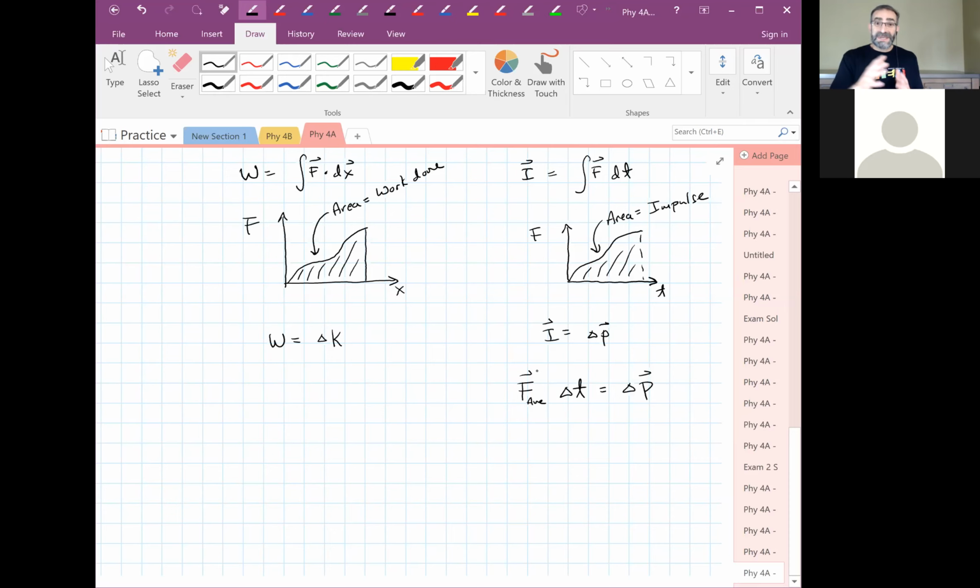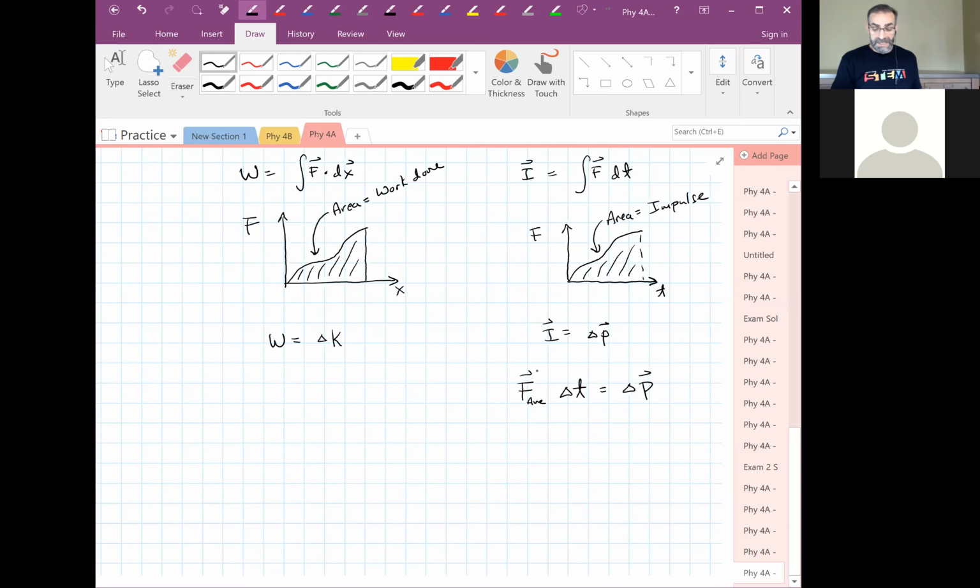If that force can act over a longer time period by crashing through some of those barrels filled with sand, and then the front of your car crumples, and then the airbag goes off, all of those things are designed to spread out the time interval where you're changing your momentum. And what does that mean? That means that a much lower average force is needed to achieve the same change in momentum.